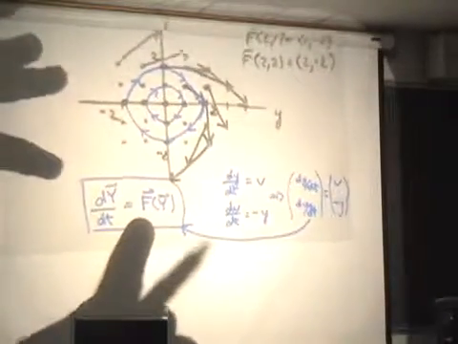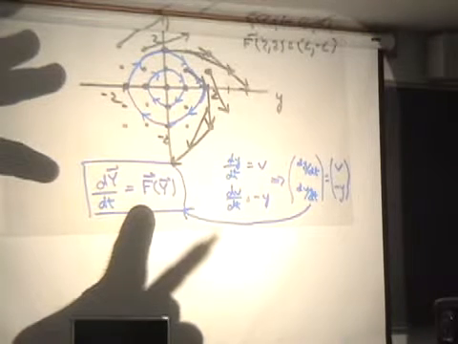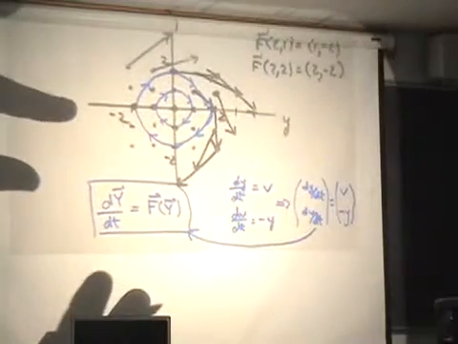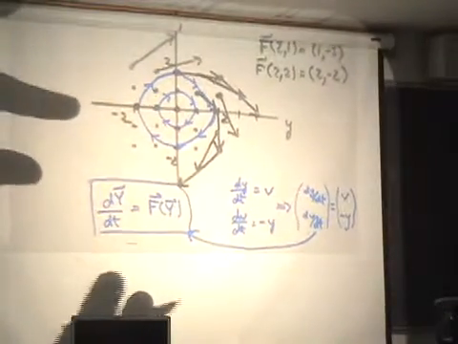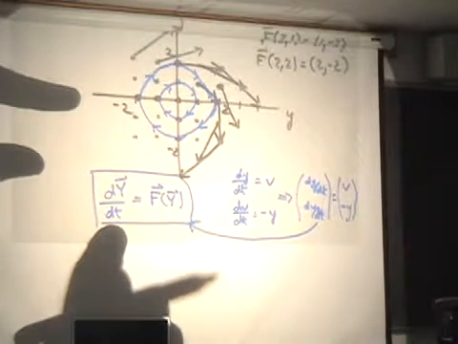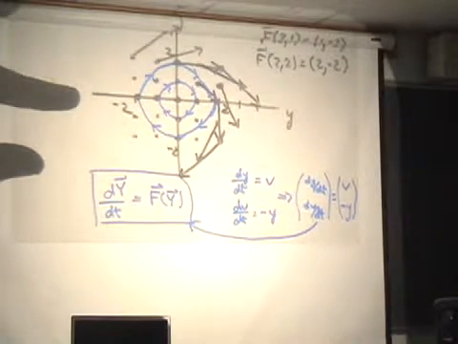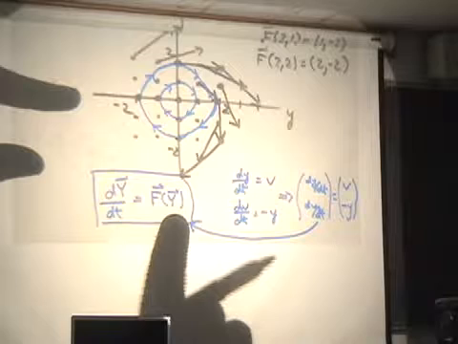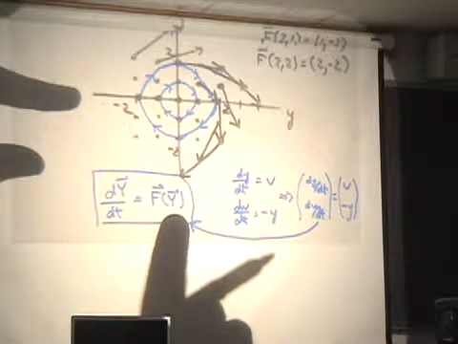And when I write it in this form, not only is it a convenient shorthand, but it also helps you understand why the solution curves follow the vector field. Because what it's saying essentially is this. The derivative of a solution curve, which will give you the velocity, at any instant in time, is equal to the output of the vector field at that point you happen to be at that instant in time.